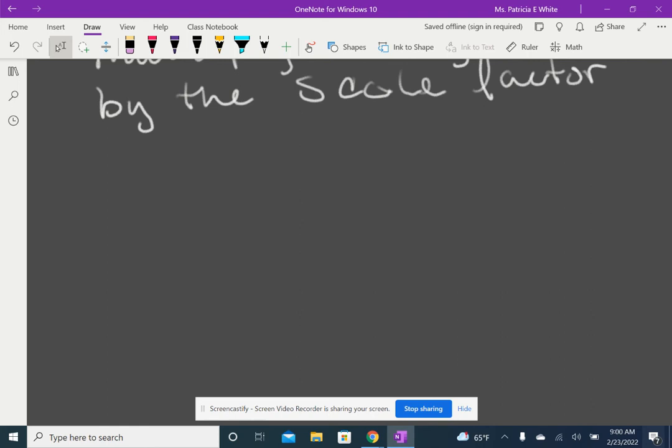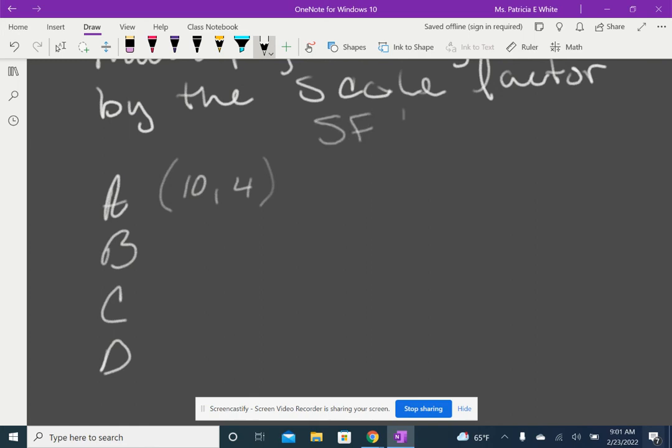So if I look at number 1 and I have the 4 coordinates A, B, C, D. For A, I'm going to count to the right 10 and up 4. Now my scale factor is 1/2. Remember, multiply by the top, divide by the bottom. So 1 times 10 is 10, divided by 2 is 5. Half of 10 is 5. Okay, 1 times 4 is 4, divided by 2 is 2.